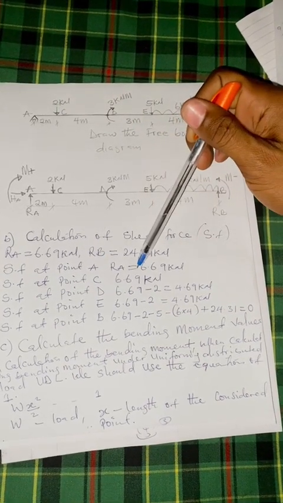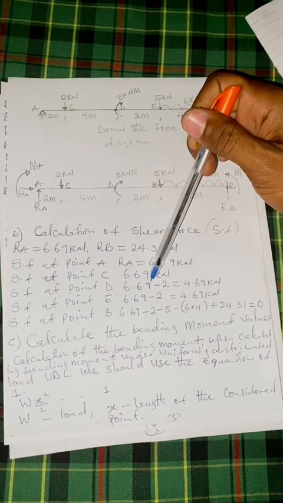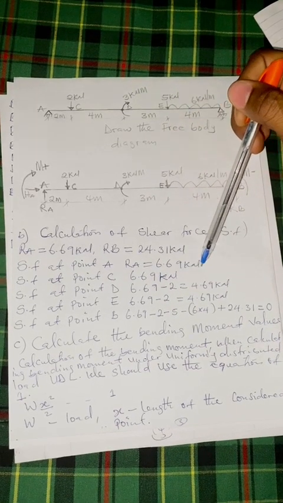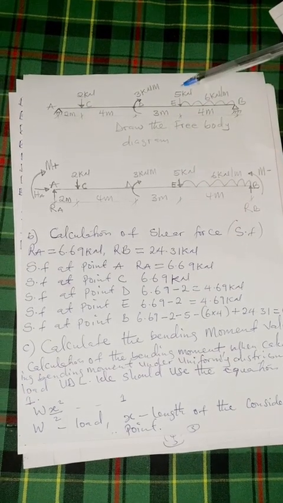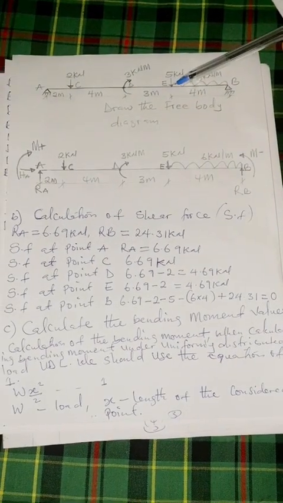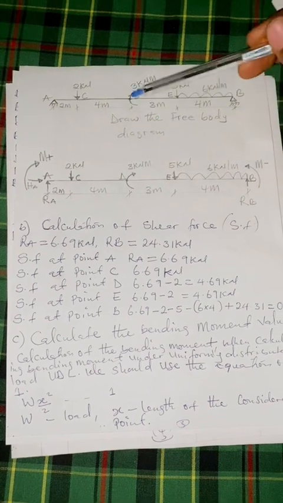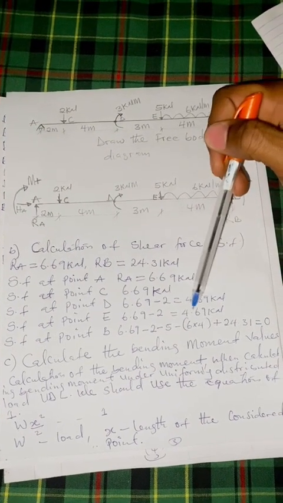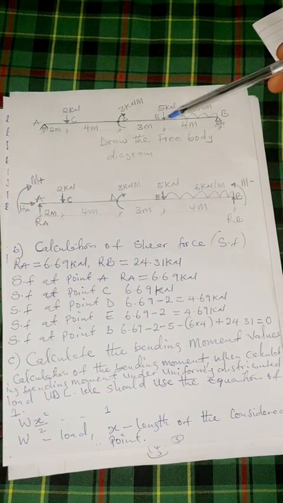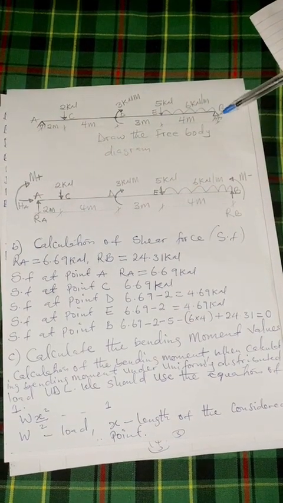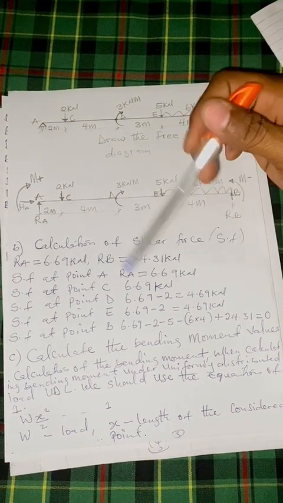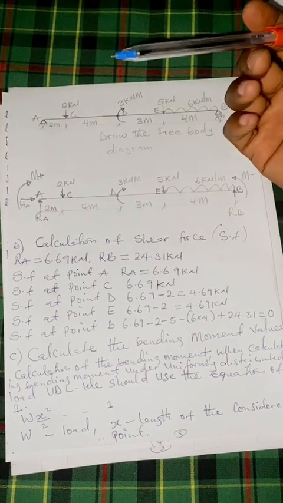If you look at it very well, 6.69 minus 2 equals 4.69 kilonewton. That is the shear force at point D. Now at point E, we will still have the same shear force, which is 4.69 kilonewton, because we have not approached that point. So look at it critically. Now at the last point, which is point B, that is where we have to look at it critically.